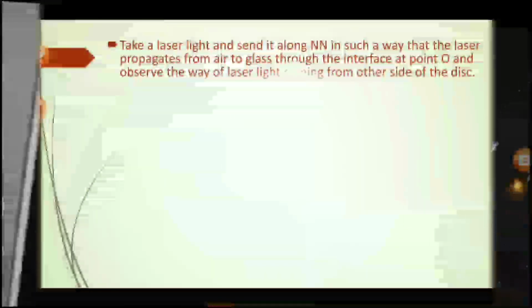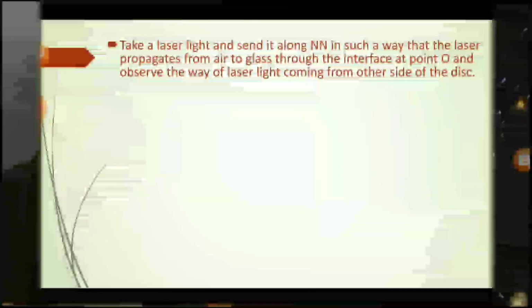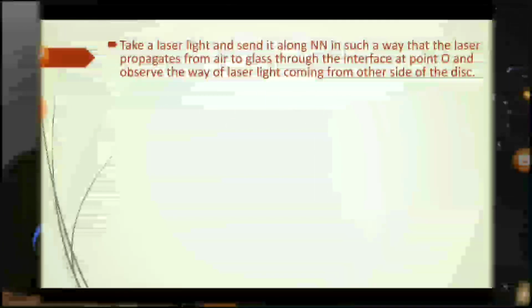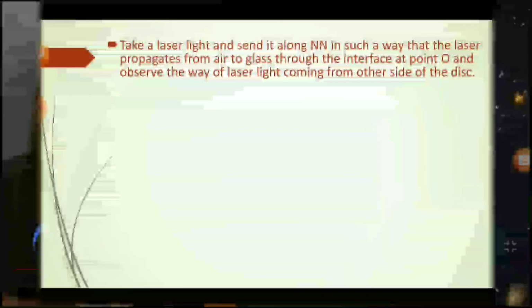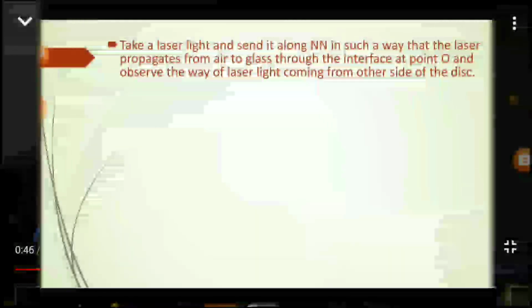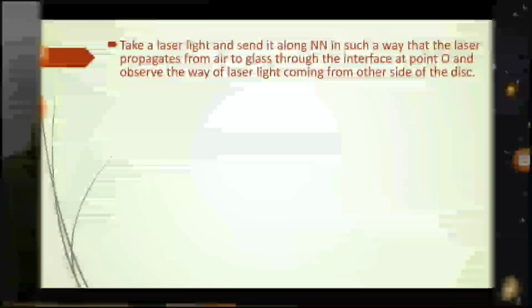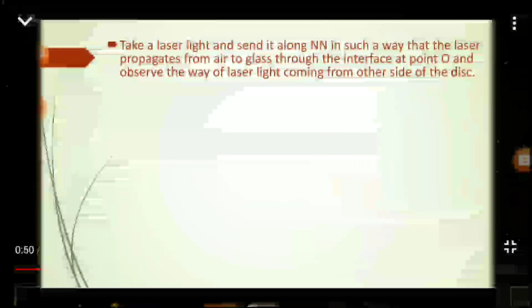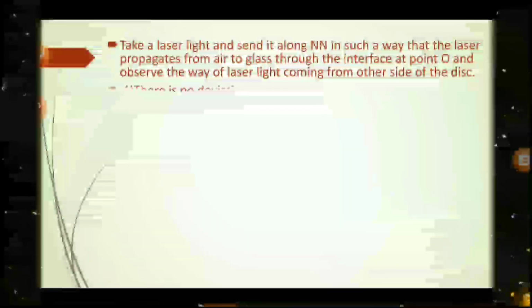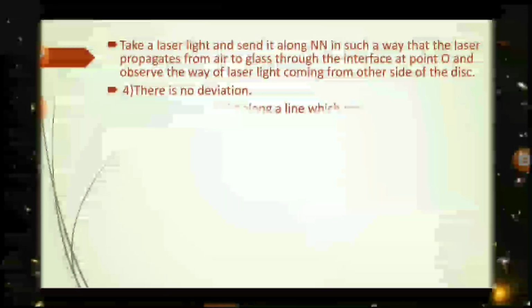This is the glass slab. Take a laser light and send it along NN in such a way that the laser propagates from the air to the glass through the interface at point O, and observe the laser light coming from the other side of the disc. There is no deviation.